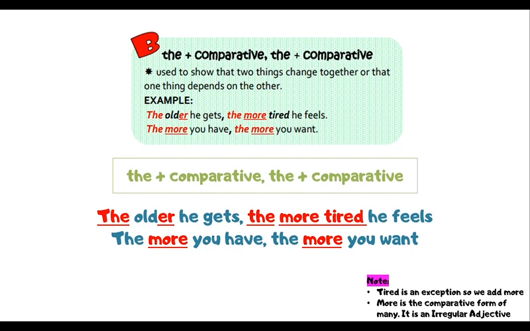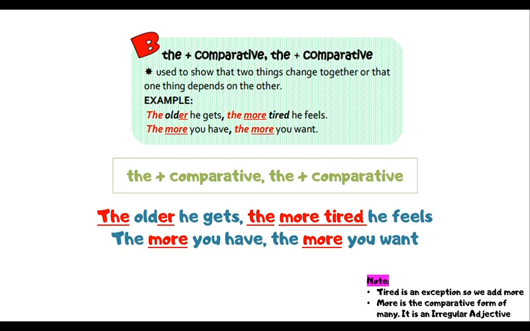Exception. Okay. And then in here we have more and more. So, ma'am, more is the comparative form of what? As I explained before, more here is the comparative form of many or much, right?